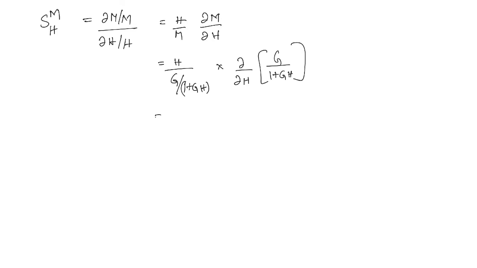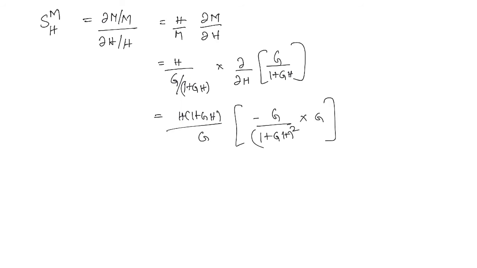So this you will get as H into (1 plus GH) by G into minus G by (1 plus GH) whole square into G. This you will get as minus GH by 1 plus GH.